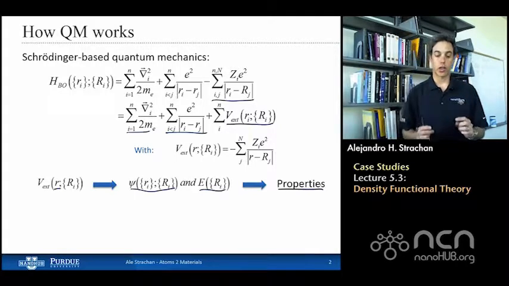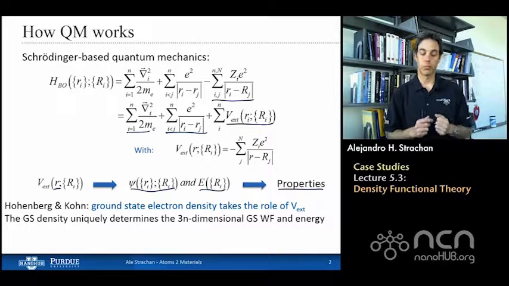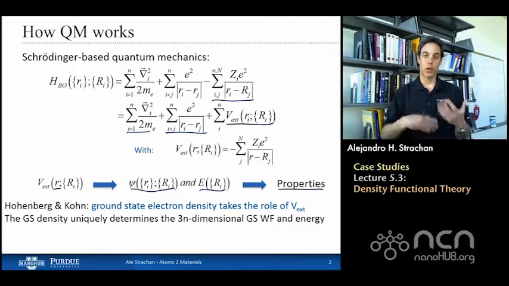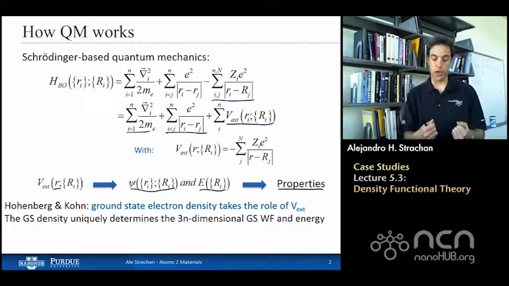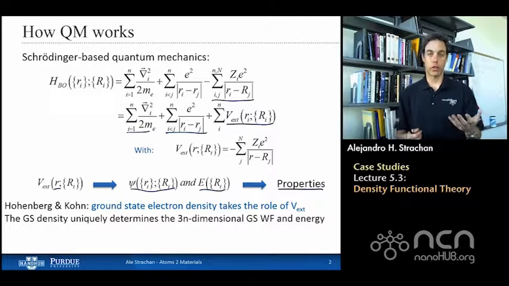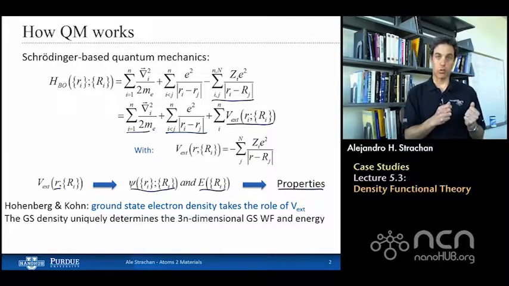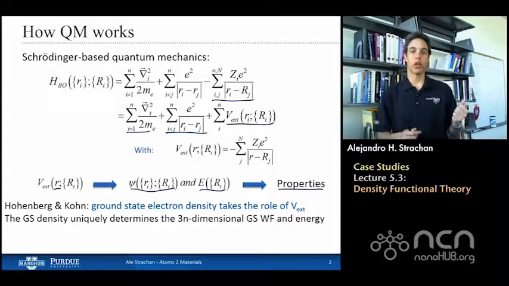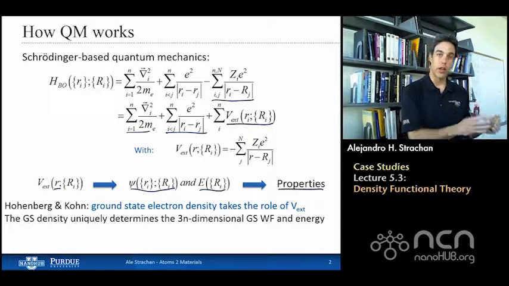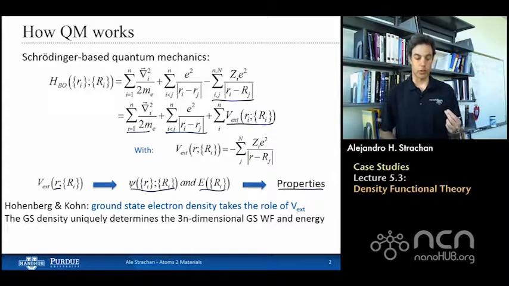What DFT is based on is a theorem by Hohenberg and Kohn that showed a way of writing quantum mechanics in which the electron density takes the fundamental central role that the external potential has in the way we have been doing quantum mechanics. What they've shown is that the ground state electron density uniquely determines this external potential.